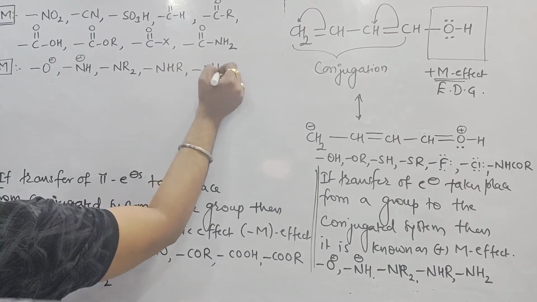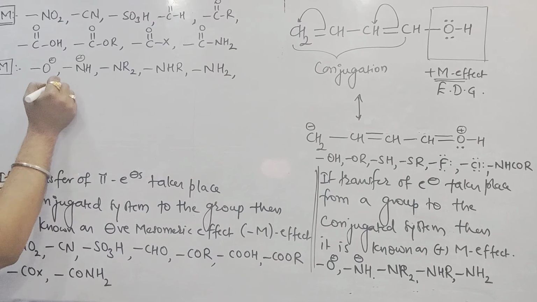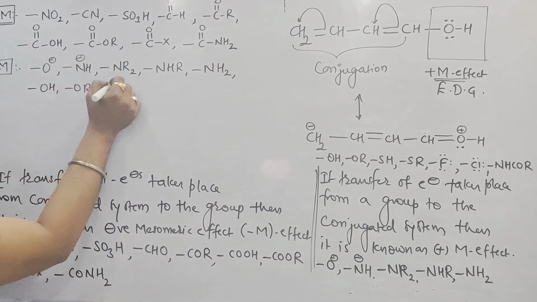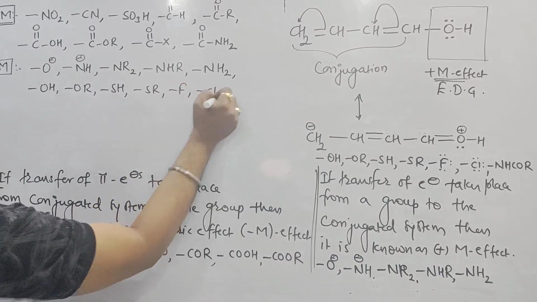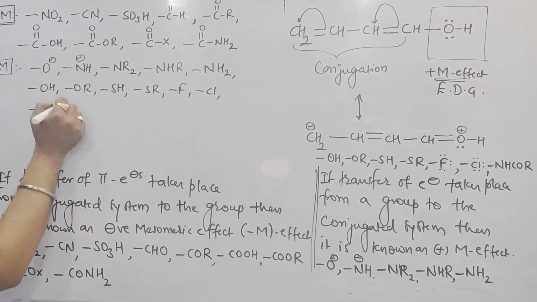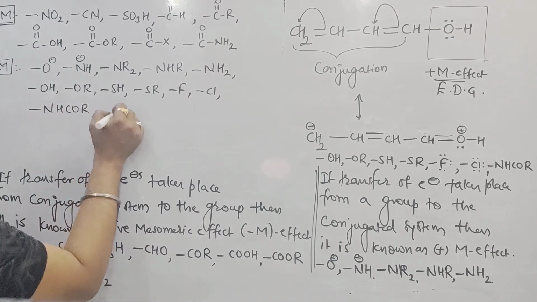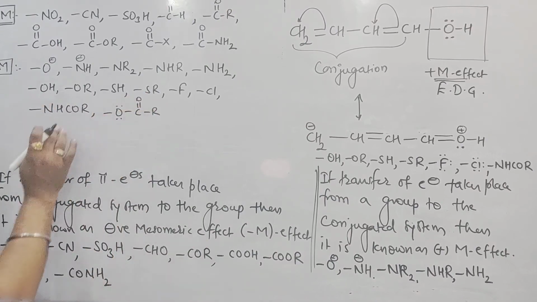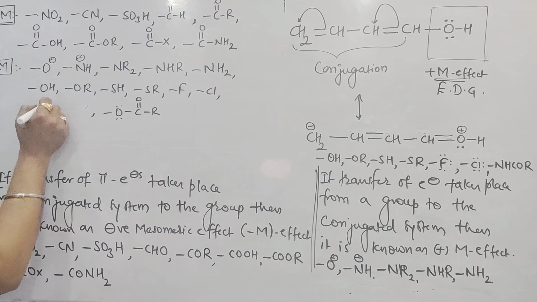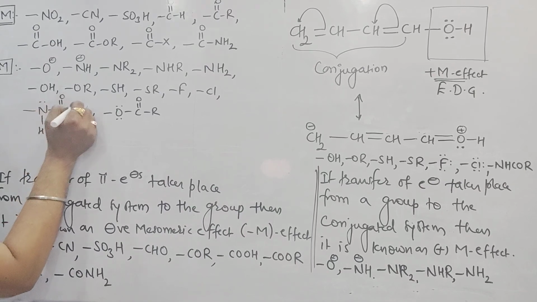plus M, NH2 plus M. Then we can say again OH plus M, OR plus M, SH, then SR, then fluoro, then chloro. Even you know NHCOR also has the plus M, and O C double bond OR also has plus M. NHCOR means N bonded with H, lone pair, and C double bond OR.